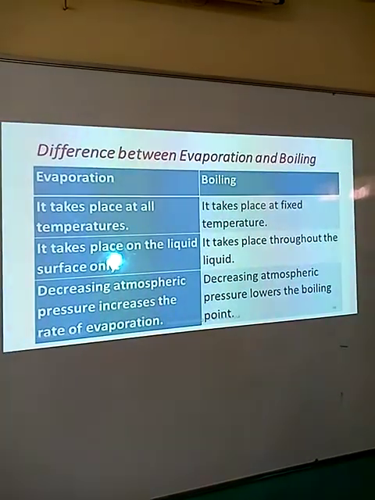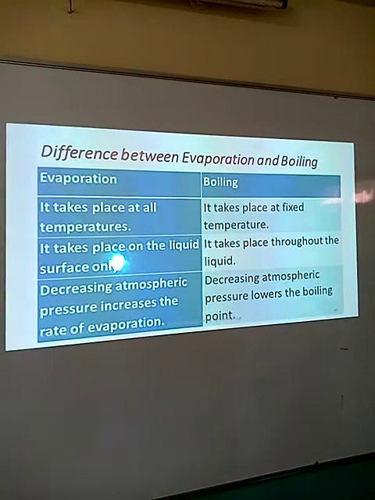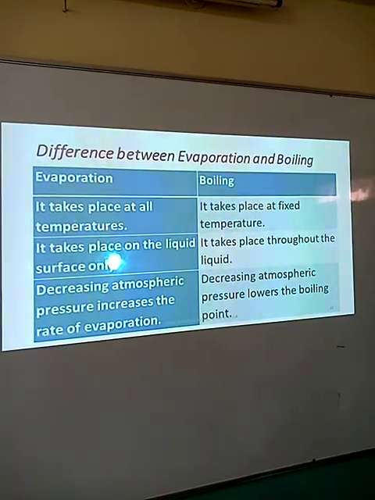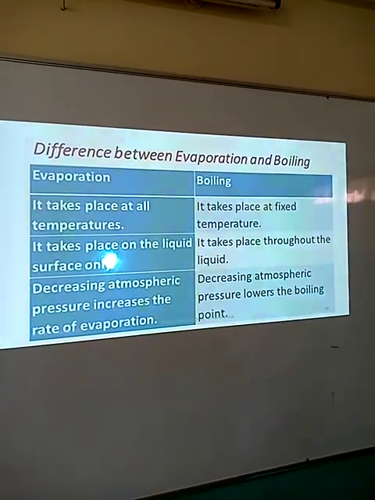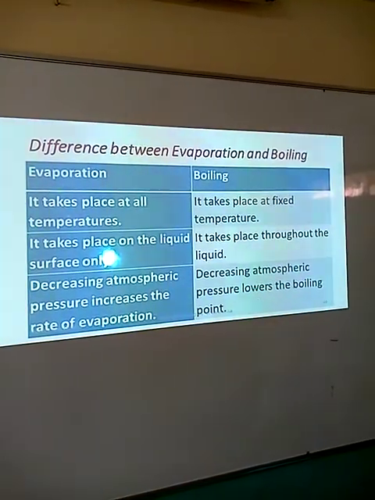Number two, evaporation takes place on the surface of the liquid, and this is why surface area affects evaporation. So the wider the surface area, the higher the rate of evaporation. But boiling takes place throughout the liquid.